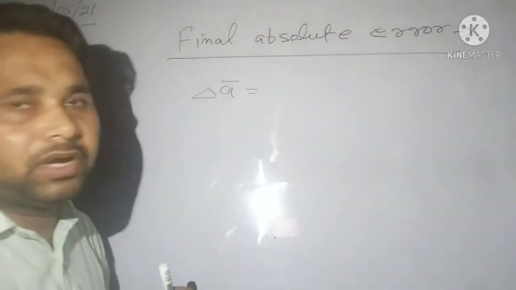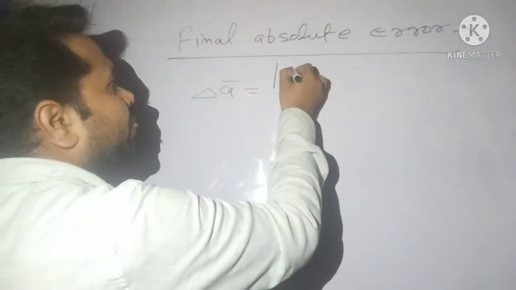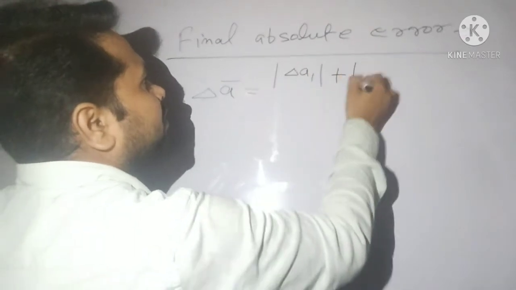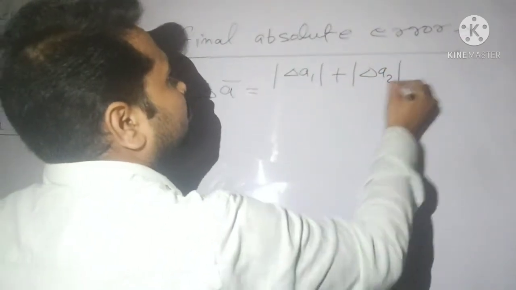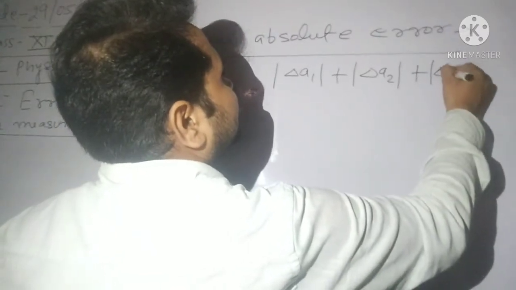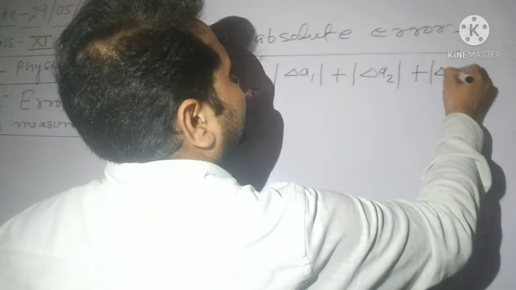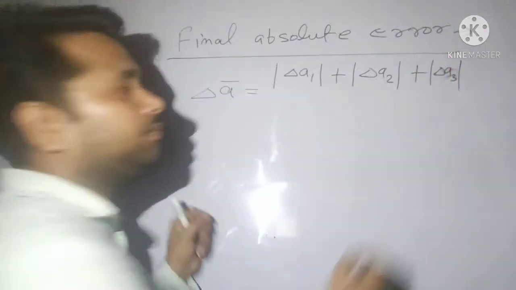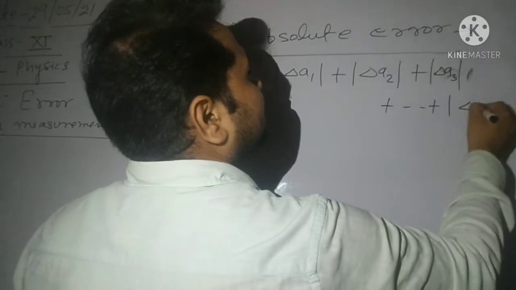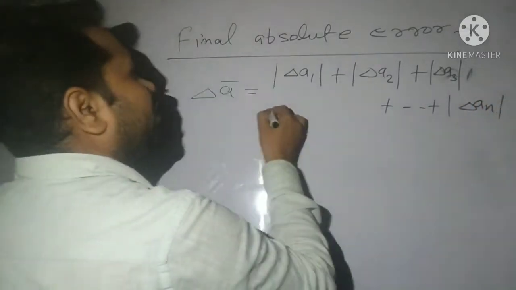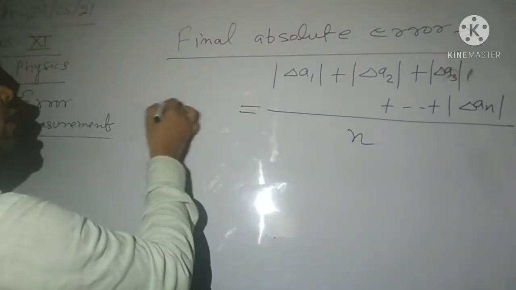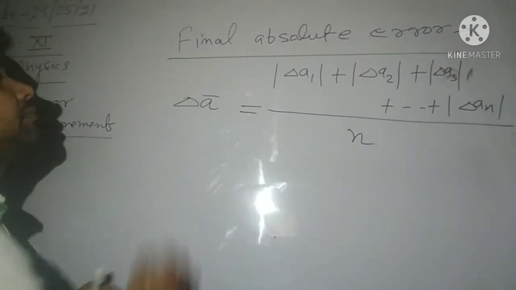and it is equal to, देखो, mod delta A1 plus mod delta A2 plus mod delta A3 plus ... plus mod delta AN, divided by n. This is delta A bar.